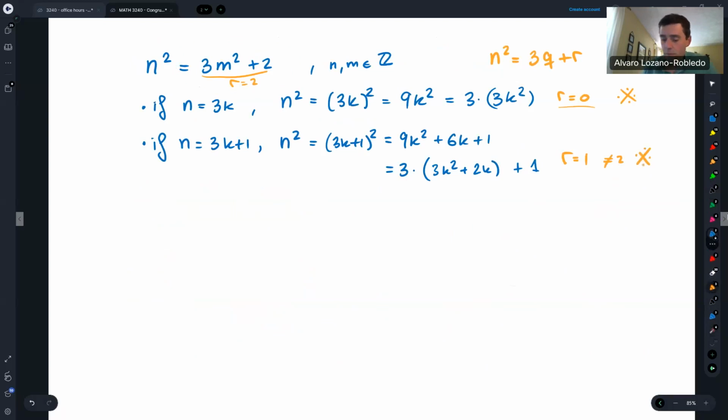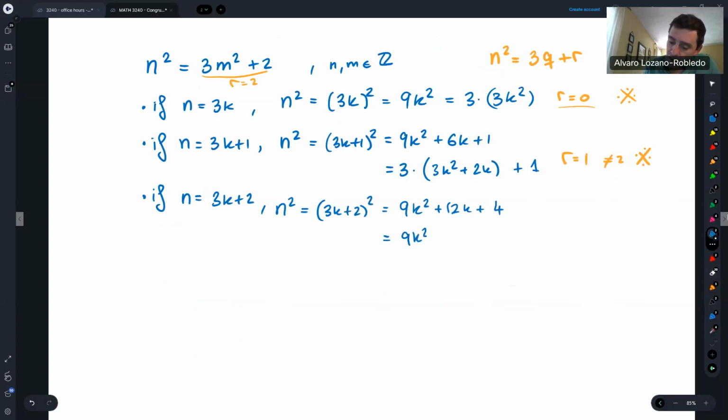So we must have maybe the last possibility, which is what happens when n is 3k plus 2. If n is 3k plus 2, then n squared is 3k plus 2 squared, and that is 9k squared plus 12k plus 4, and that is 9k squared plus 12k plus 3 plus 1, and I can take a common factor of 3 here, and I get 3 times 3k squared plus 4k plus 1, plus 1.